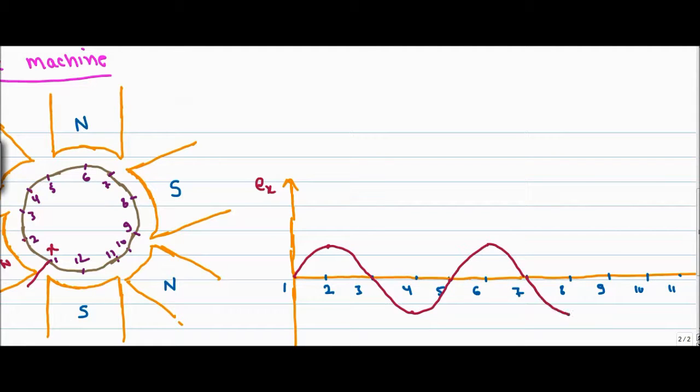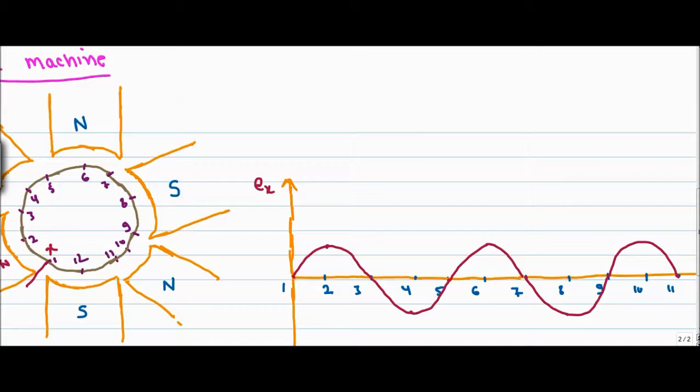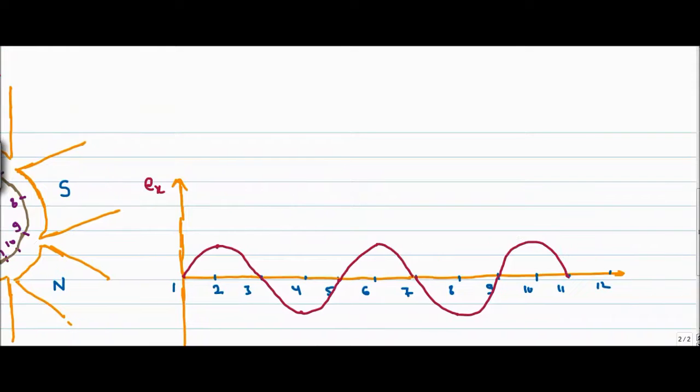At 8 it is maximum and negative, at 9 it is 0, and then 10, 11, then 12, and then again it is basically 1. So up to this point, from the starting point 1, the total angle covered by this conductor X is basically 2 pi.